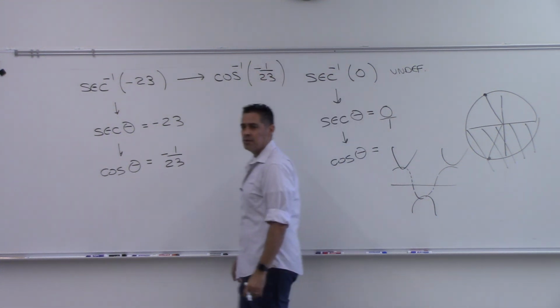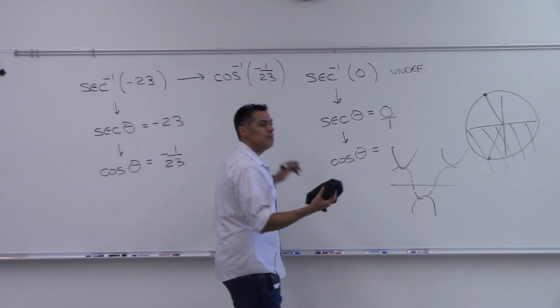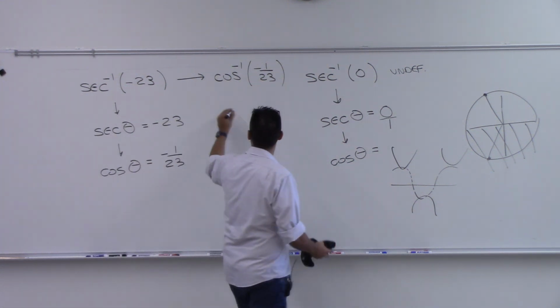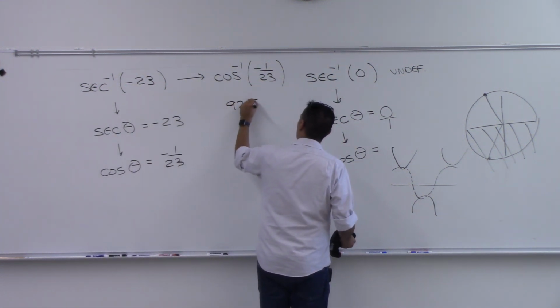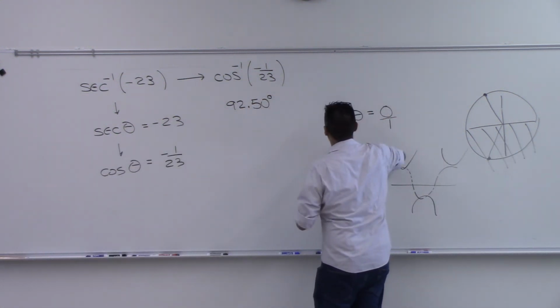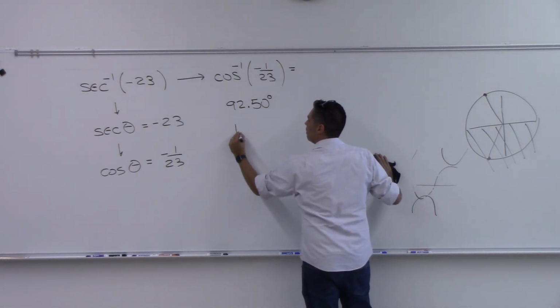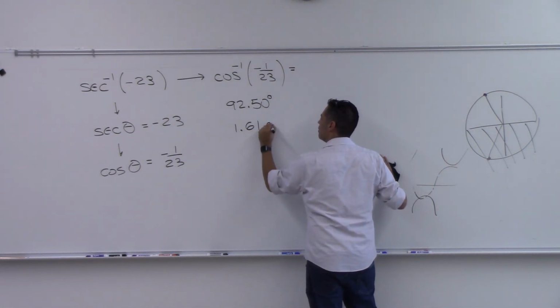That's what it translates to. You're going to have two answers, one in radians, one in degrees. What do you get? 92.5, that's your degrees. And then what is that in radians? 1.61 radians.